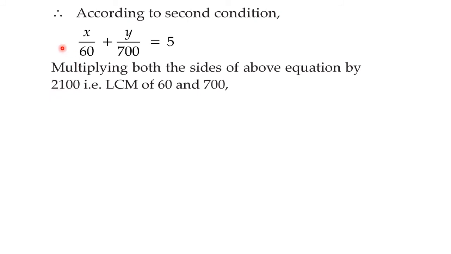So here every term we are going to multiply by 2100. Okay, so write down the statement: multiplying both the sides of above equation by 2100. Why by 2100? Because it's the LCM of 60 and 700.